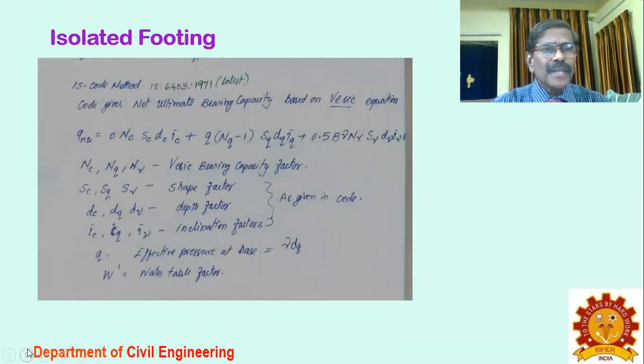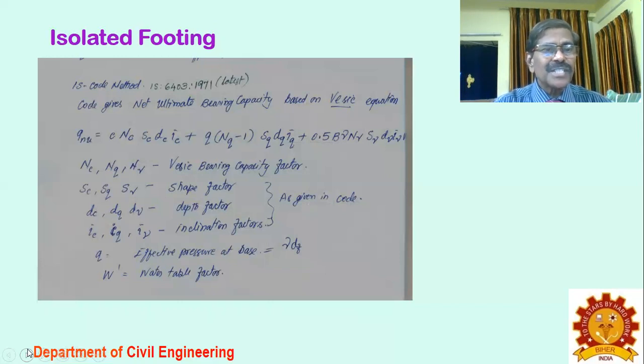The IS code method says, IS 6403-1971, or the latest code, you can refer to it. The code gives the net ultimate bearing capacity based on the basic equation. Another soil mechanics expert, like Terzaghi, is a great author like that.